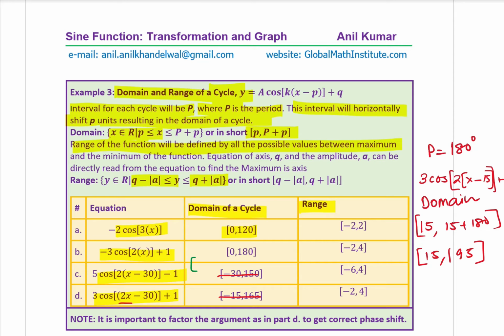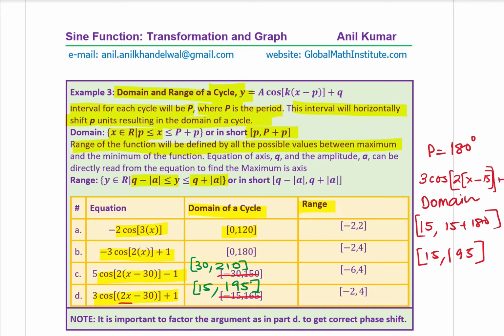This is from 30 to 180 plus 30, which is 210. And here it is from 15 to 15 plus 180, which means 195 degrees, correct? So that becomes the domain. Perfect. The graph moves right by 15 degrees in the second case.